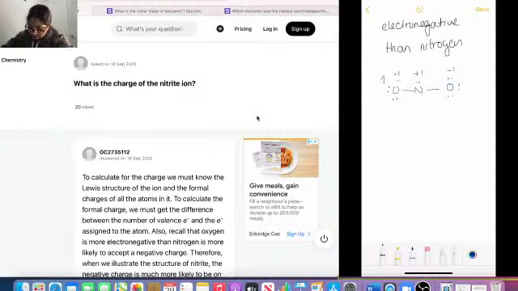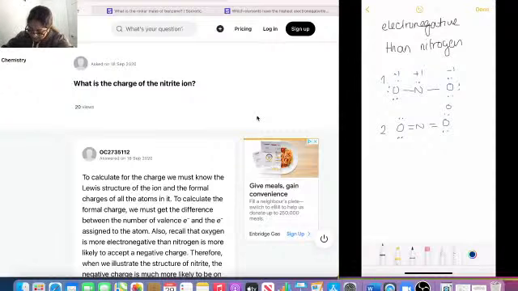Let's just say this is number 1. This is one structure. The other structure it can have is nitrogen double bonding with the oxygen. That leaves nitrogen with no lone pairs, and each oxygen has 2 lone pairs.